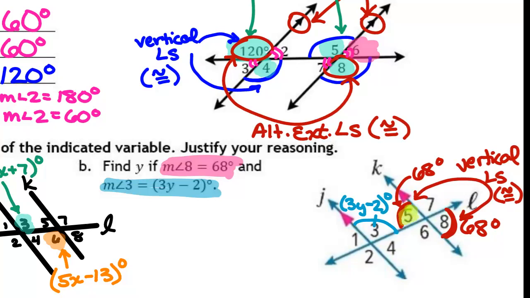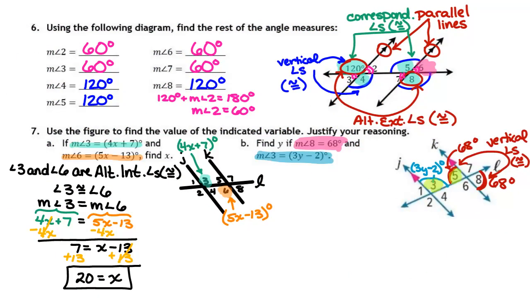All right, so now let me look at these. Are these two angles both interior? Yes, so now I'm going to be able to find a relationship. Are they alternate interior, where they're on opposite sides of the transversal, or are they consecutive interior? Consecutive interior angles.